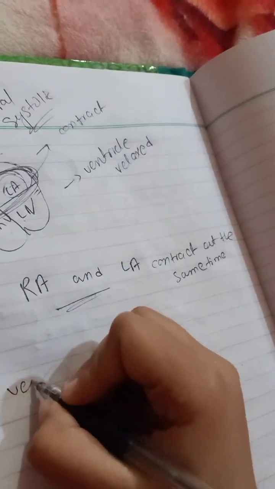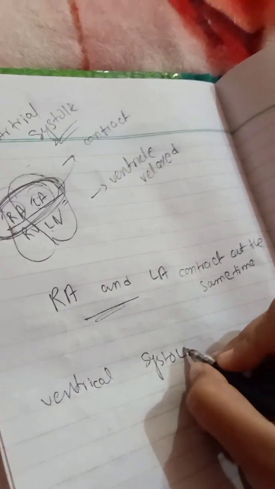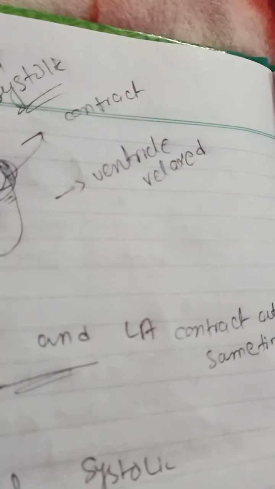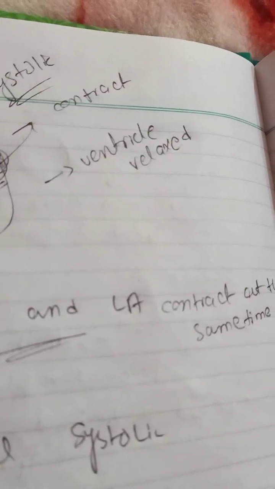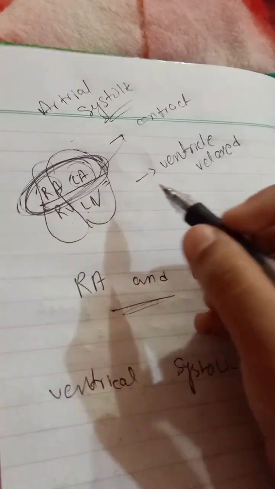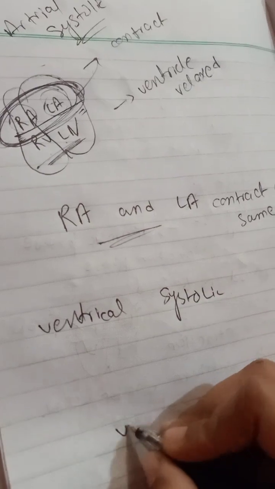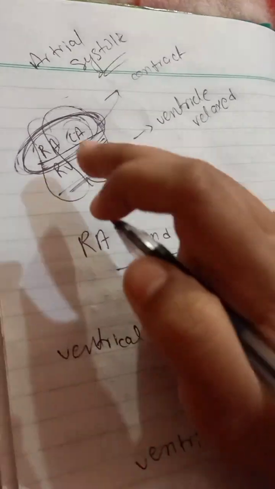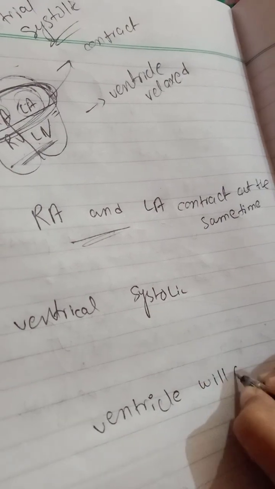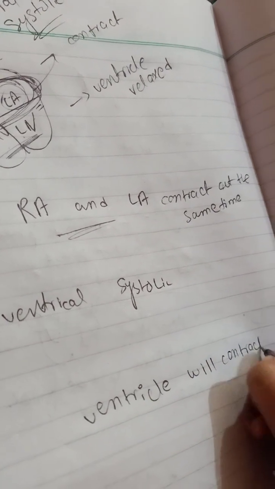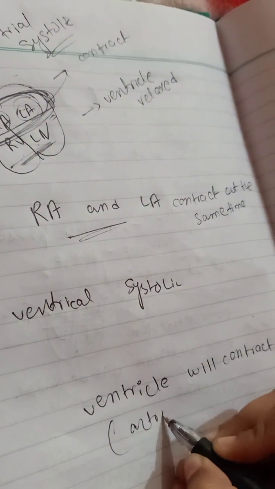If we talk about the ventricular systolic, the ventricles have received the blood. Here both ventricles will contract simultaneously, and the atria will relax.